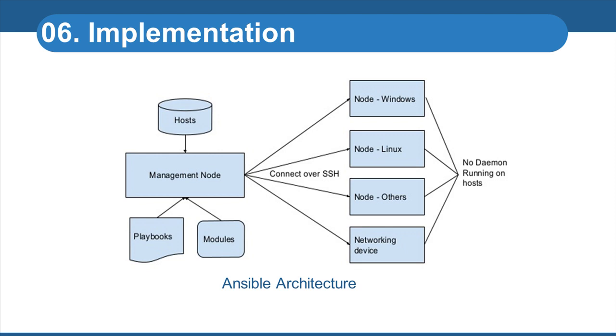So we'll write those scripts here in our playbook, and using our modules, it will execute those instructions, and we will push these configurations to our clients using our host file, because our host file has the IP addresses of all our clients here. So this is how the Ansible overall setup works.